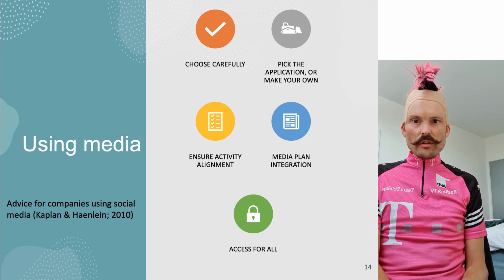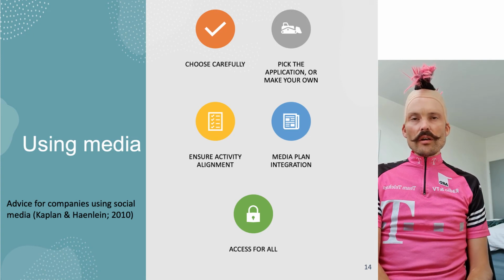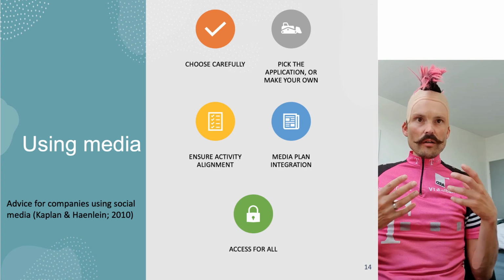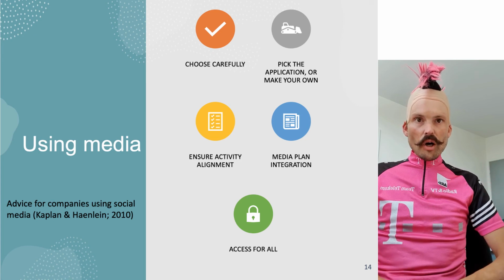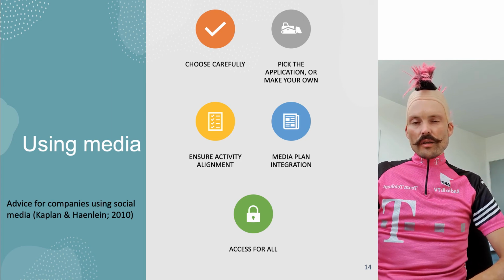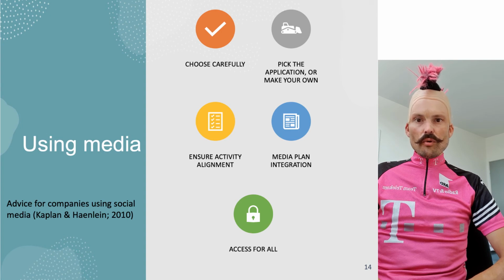As we've talked about in other slides as well, you've got to ensure that there is an alignment and that your plan is integrated into your bigger marketing plan. And another key important area here is that social media, when you are operating on social media, it should really be an access for all employees.